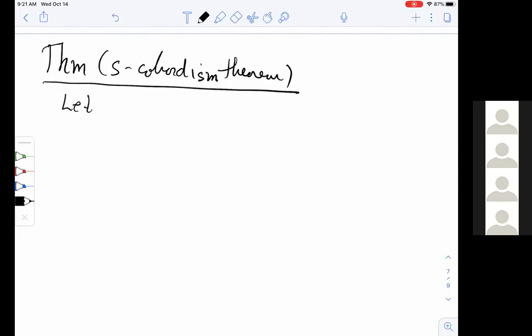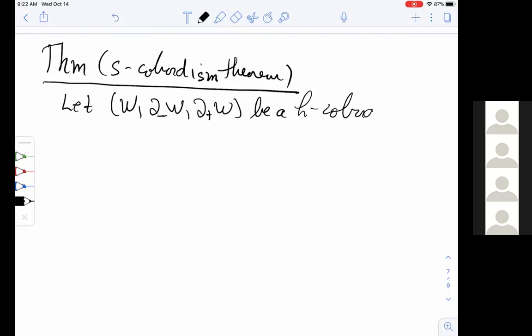Let W, boundary minus W, boundary plus W be an h-cobordism. So W is a compact manifold with boundary, and the inclusion of either boundary minus or its complement boundary plus into W is a homotopy equivalence.